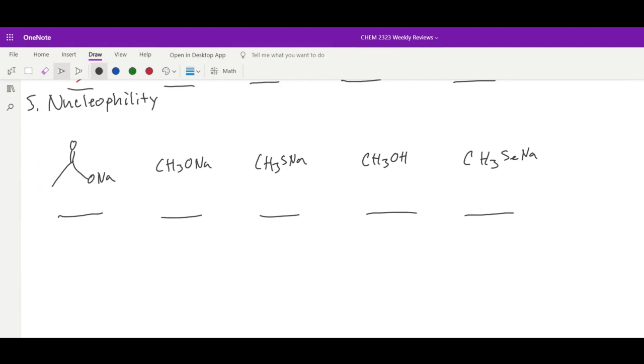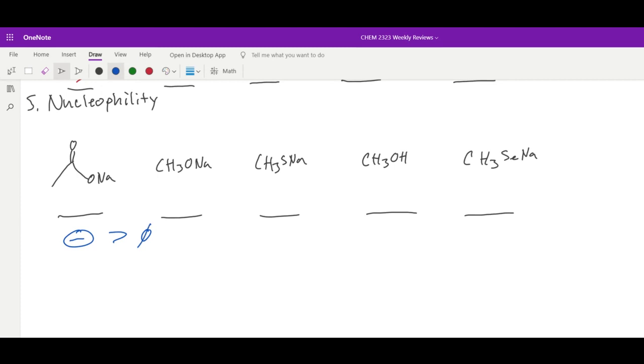Okay, so we have 5 molecules, and we are ranking by nucleophilicity. Okay, and just like any other problem I've done before, I'm going to give you guys a set of guidelines / trends, so you can just look at it and apply it. So first thing is having a charge is better than no charge.